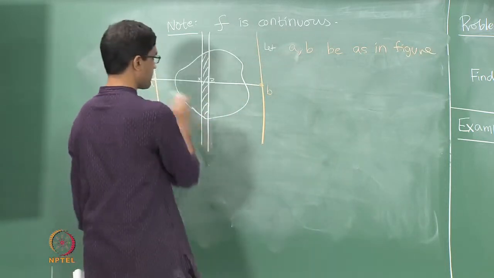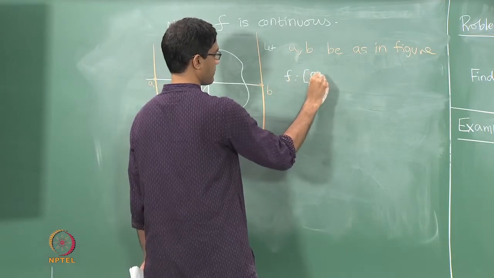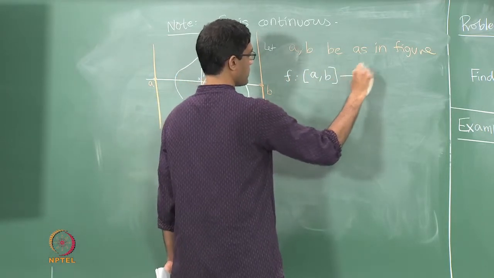We will just focus on the interval between a and b, that is all we need to worry about. So let us look at the function f as defined before, but only on the interval a b.